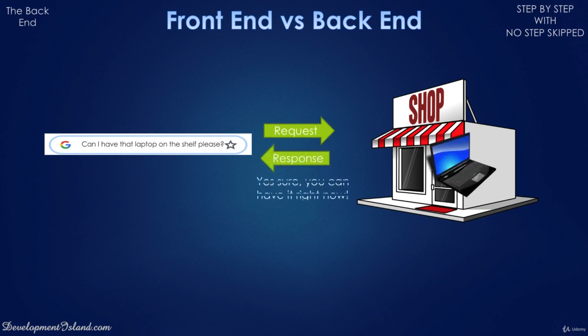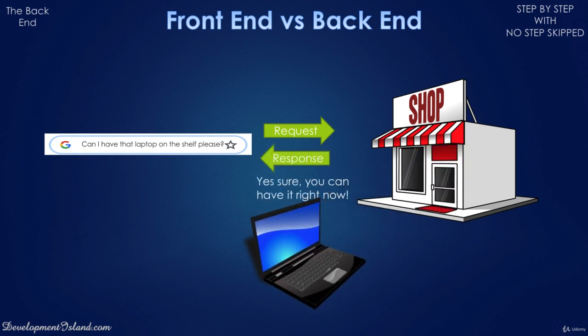And as a response, you get, yes, sure, you can have that laptop right now. So basically, before asking for this laptop, you actually knew exactly what you wanted and you knew the location of that laptop.